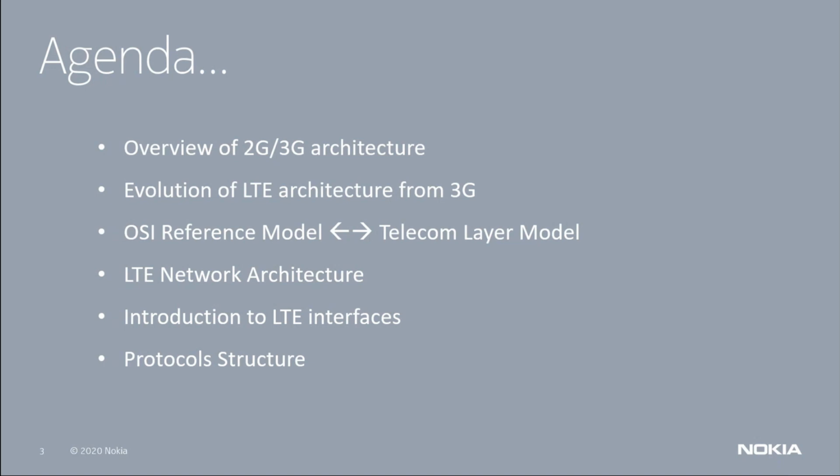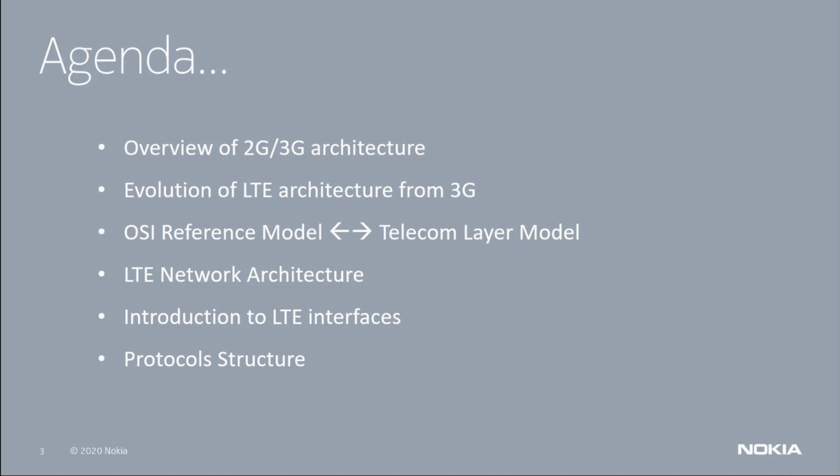I will give a brief introduction about 2G, 3G, and then see how the evolution is depicted there. And then before we talk about the details of network elements and the underlying protocols, it is very important for us to understand in the networking world how the Open Systems Interconnection model works.